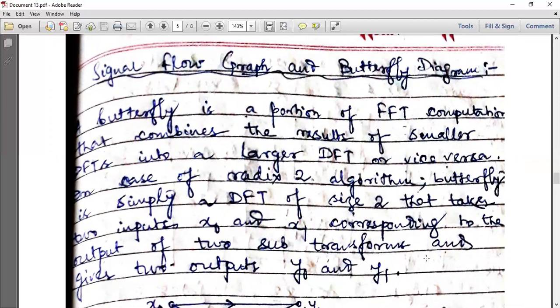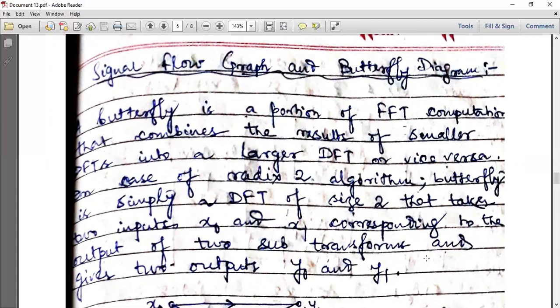The FFT algorithm is shown by signal flow graph or butterfly diagram. This butterfly is a graphical method of showing multiplications and additions involving the samples. Using samples, this butterfly shows several multiplications and additions graphically.